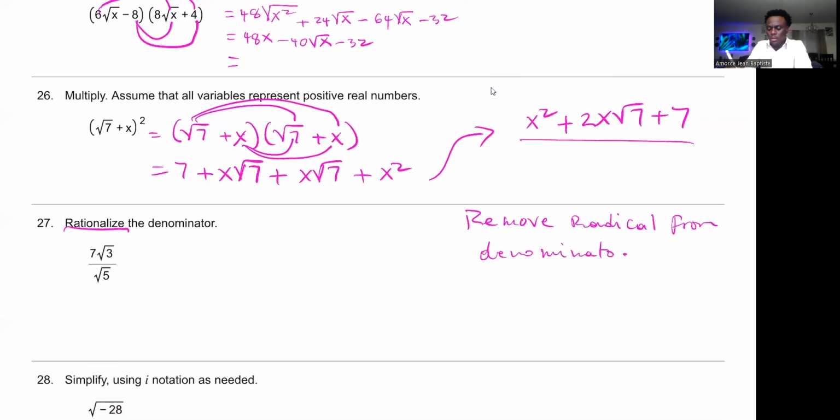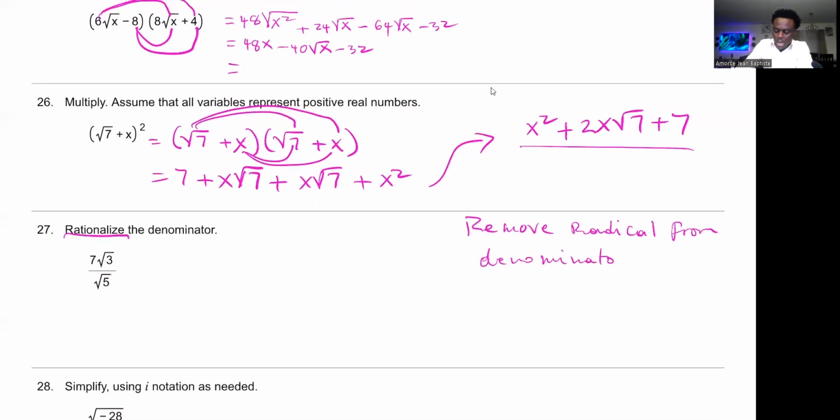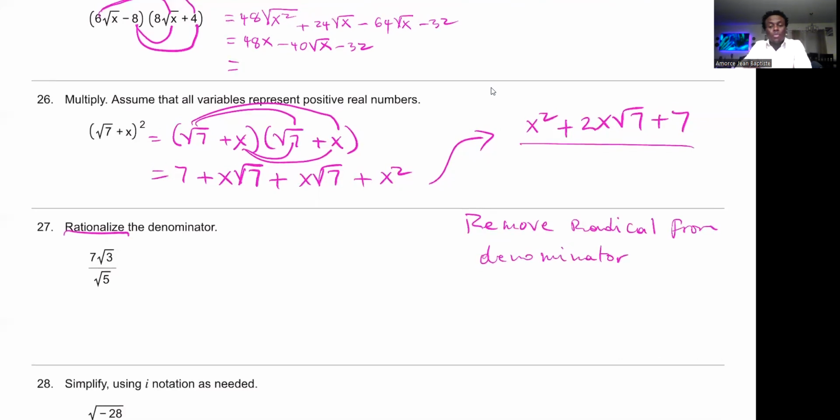That's what rationalize means. And you can see throughout the problems that we were doing, whenever you multiply square root of something times the square root of the same thing, it cancels the radical. It gives you the thing.